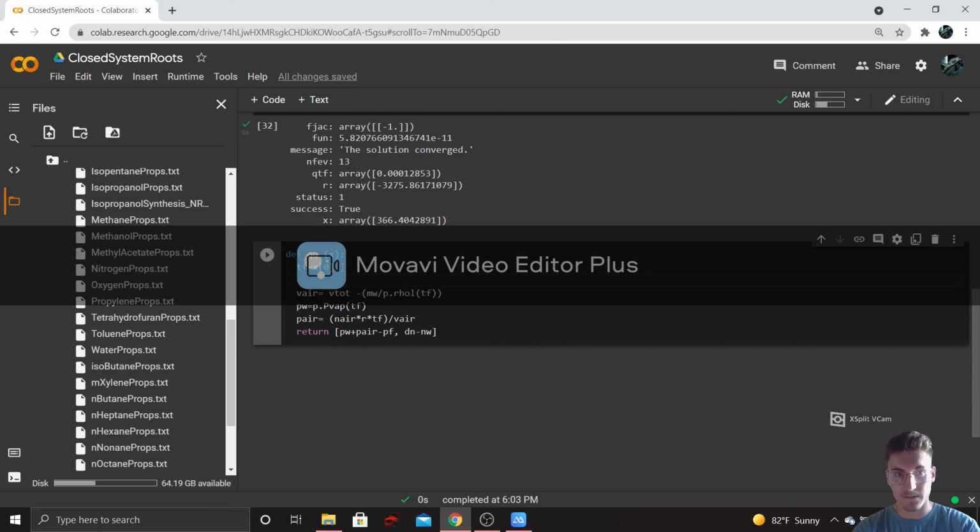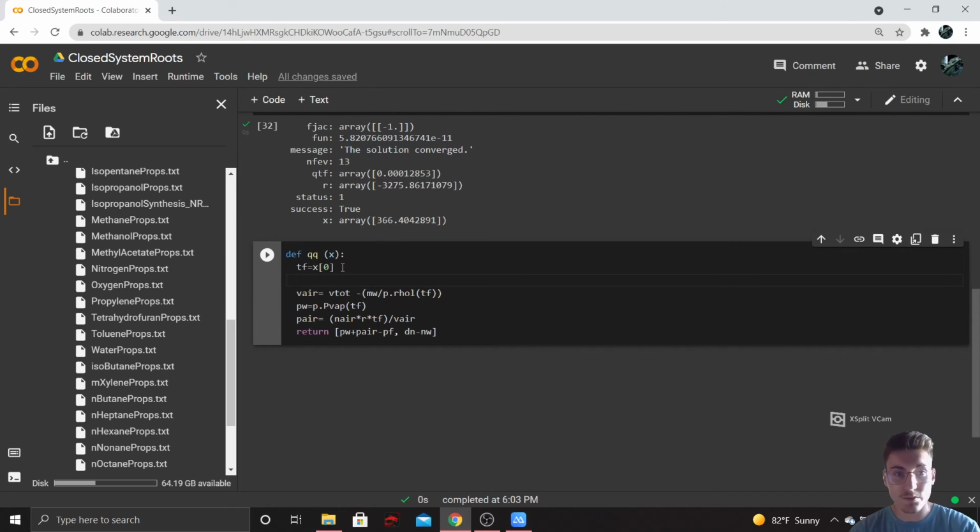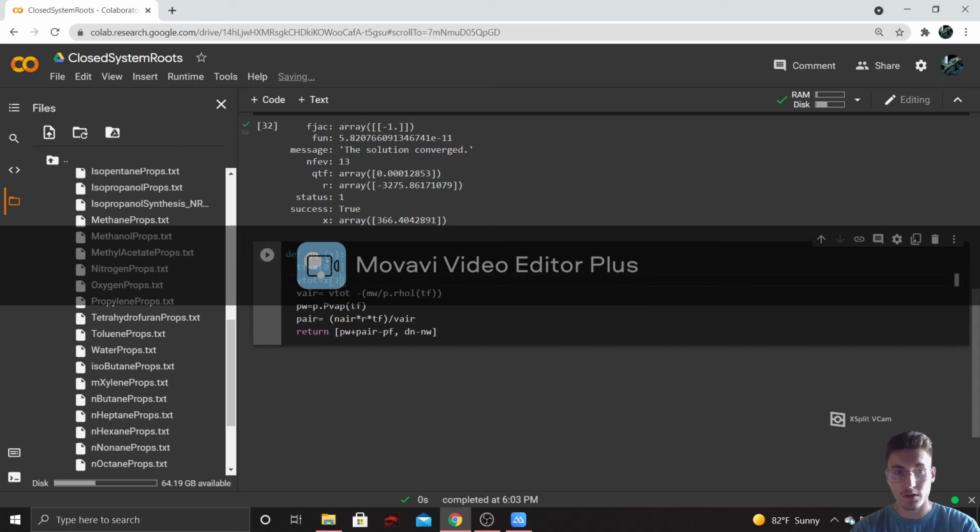So then now we need to set a second x variable, so we can say that we want to find the total volume. So total equals x of the second index, so 1.